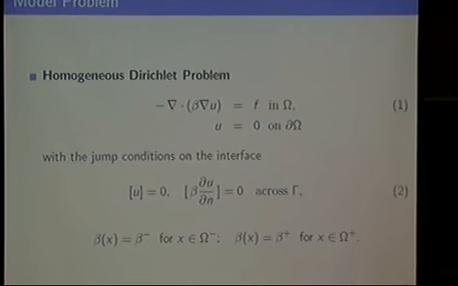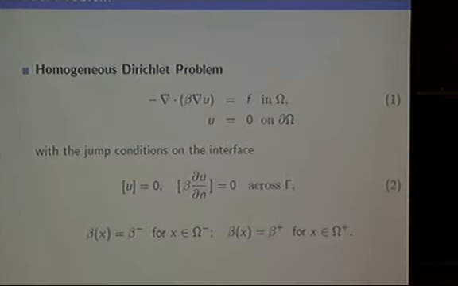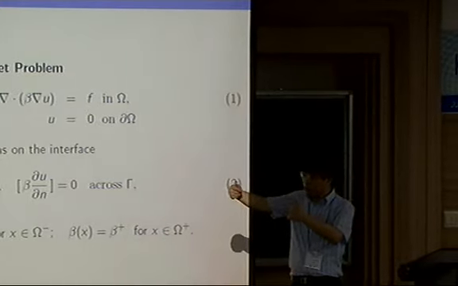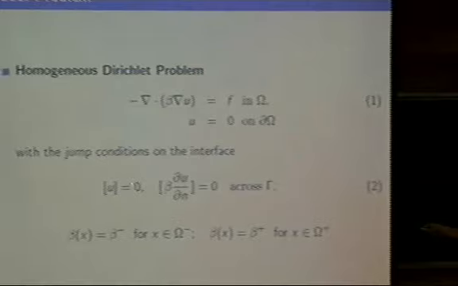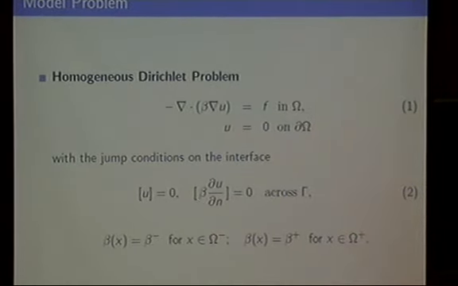Along the interface, the solution U, okay? This bracket means the jump across the interface, for example from the plus side to the minus side. This is the jump. So this means U is continuous in some sense. And this one, it is known that for the elliptic problem, beta times the normal derivative has zero jump.